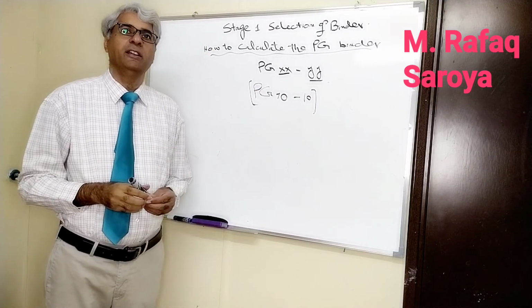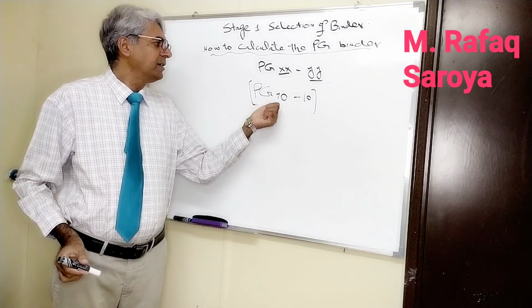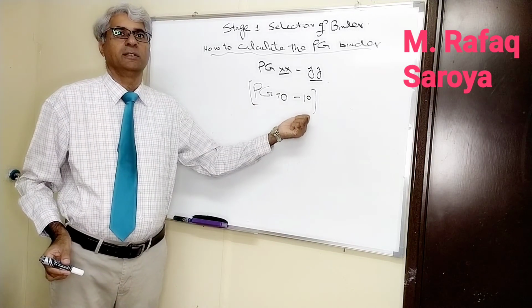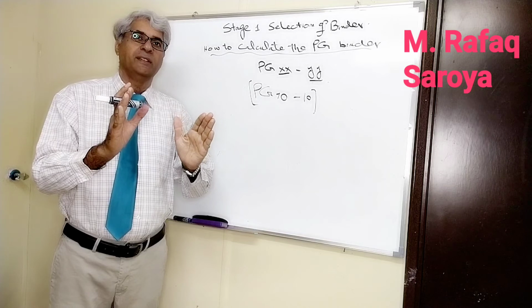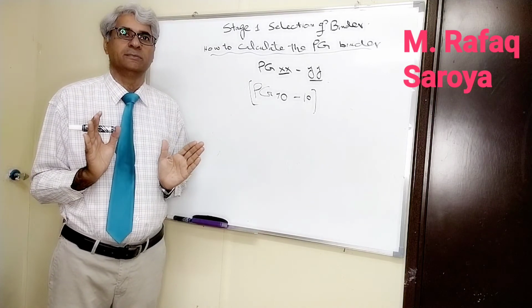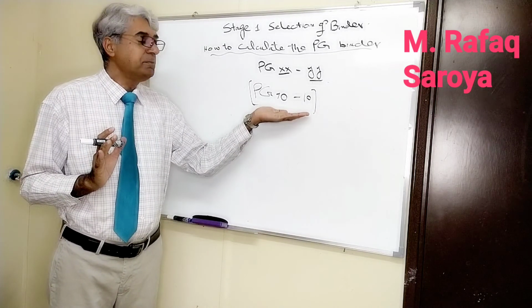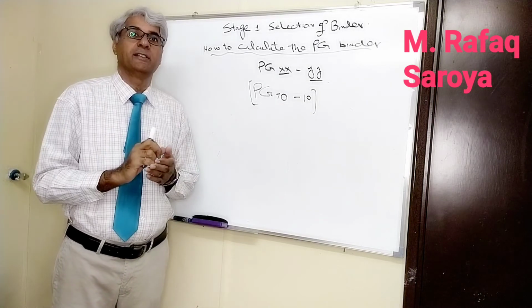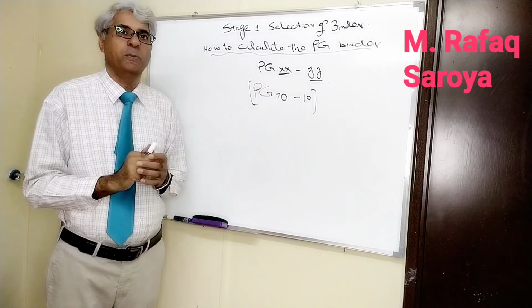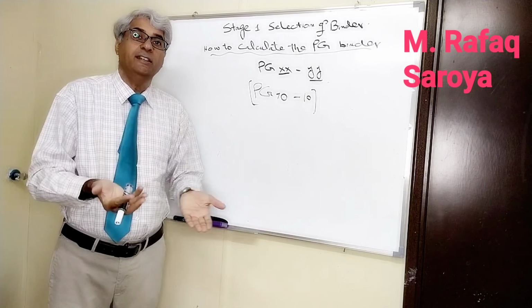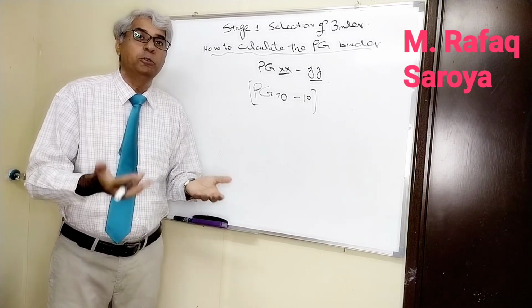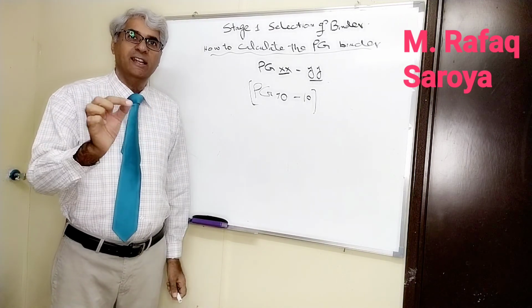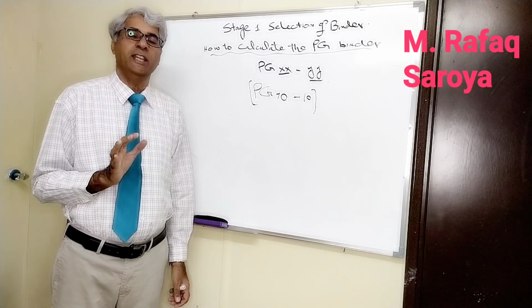This is the binder grade coming from the calculation. But keep one thing in mind: this grade is not final. It is just a preliminary point that we have to reach. Why is it not final, and what do we have to do further? I will explain this in my next video. Thank you for watching.